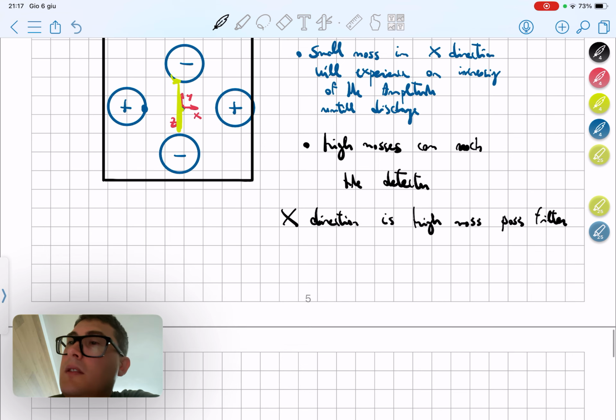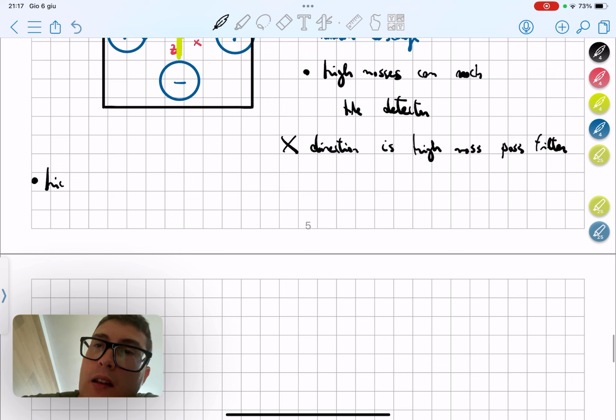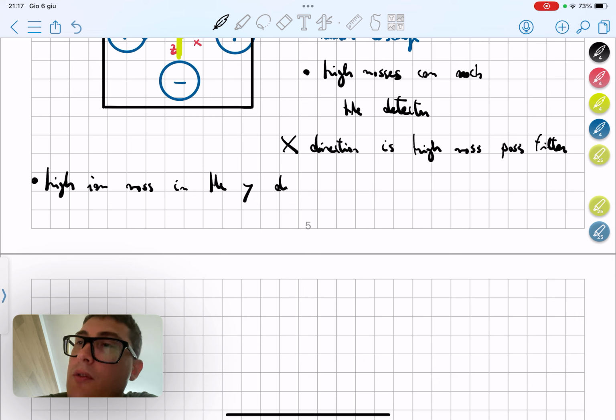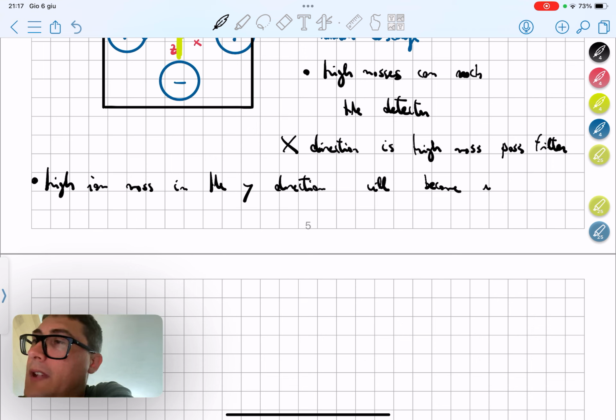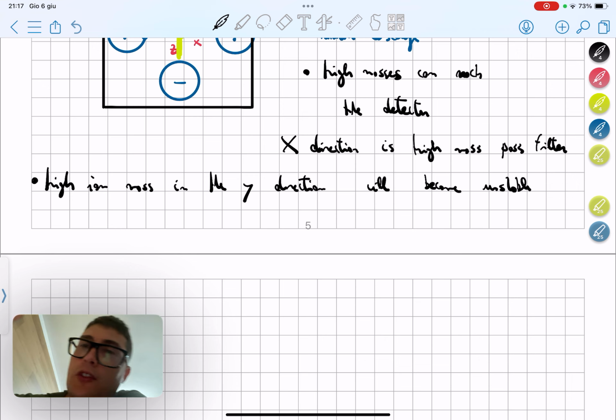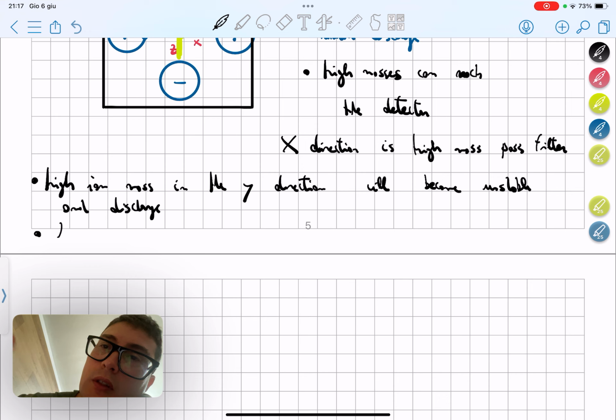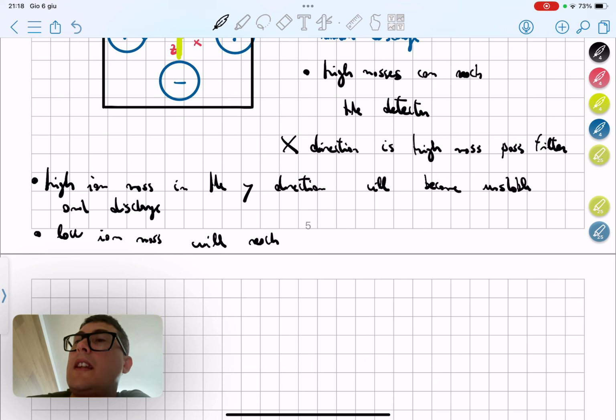So high ion mass in the y direction will become unstable and discharge. And of course, low ion mass will reach the detector.